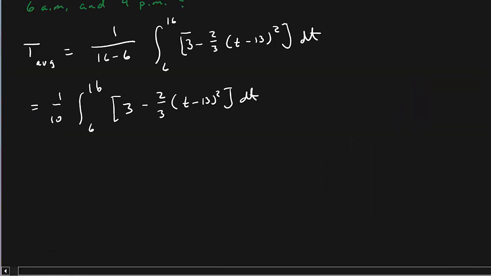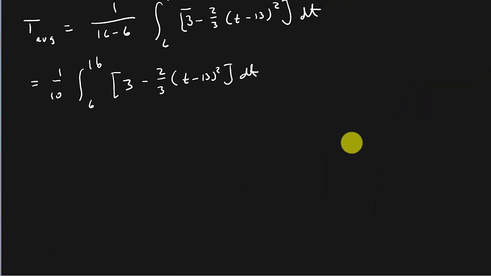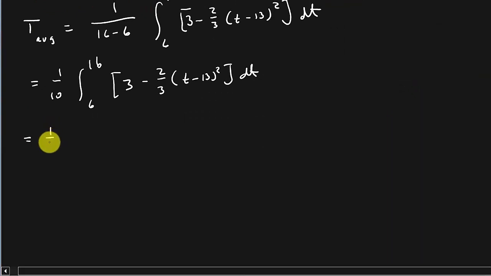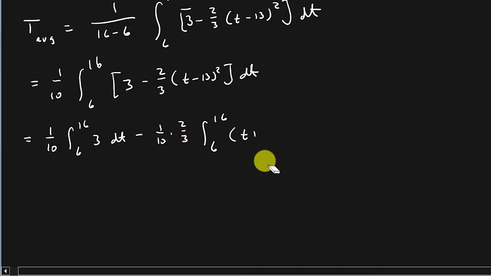So that's what I'm going to do. We're going to split these up. So this is going to be 1/10 integral from 6 to 16 of 3 dt, minus 1/10 times 2/3 integral from 6 to 16 of (t minus 13) squared dt.